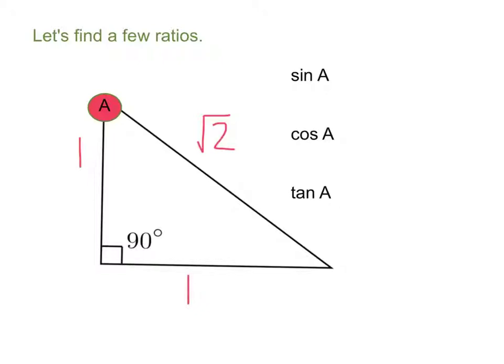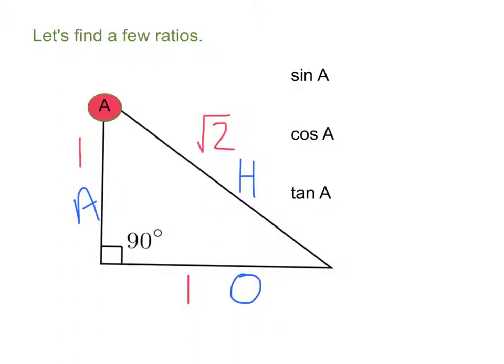The first thing we do when we find a triangle is we label the sides. Well, we're standing at A and we throw a ball. This becomes our opposite. The longest side is always the hypotenuse, and the side beside the angle that we're talking about is the adjacent. Now we can see that adjacent has a length of 1, opposite has a length of 1 unit, and hypotenuse has a length of root 2 units.